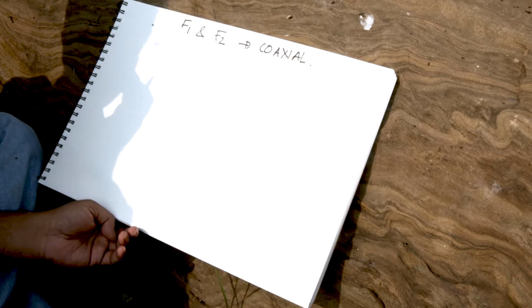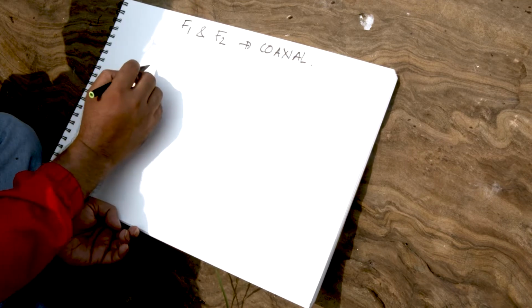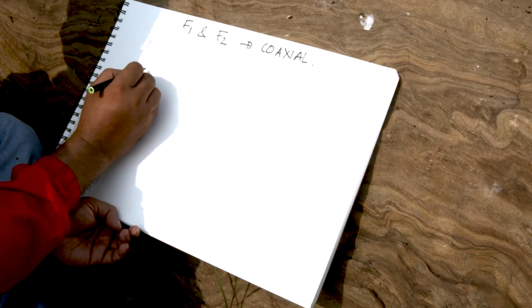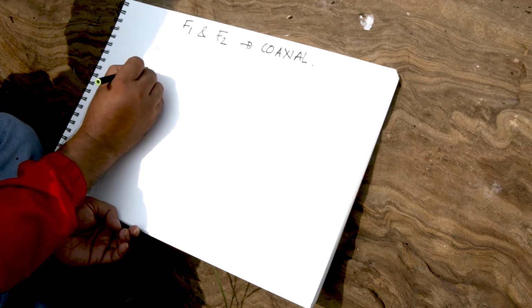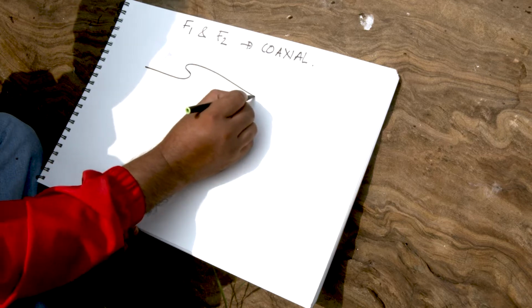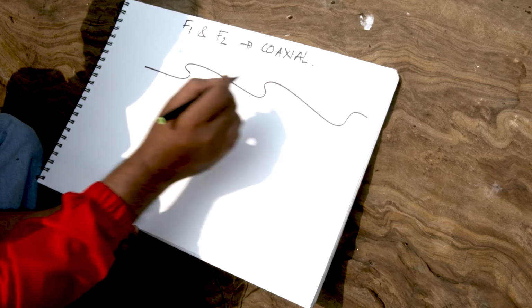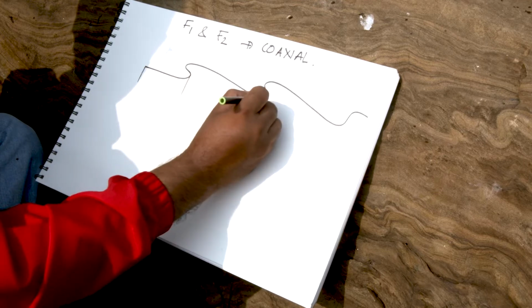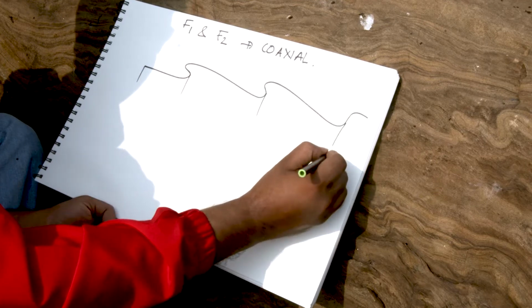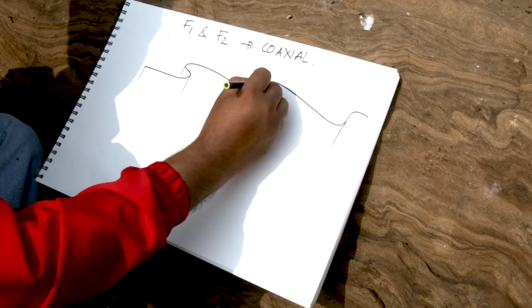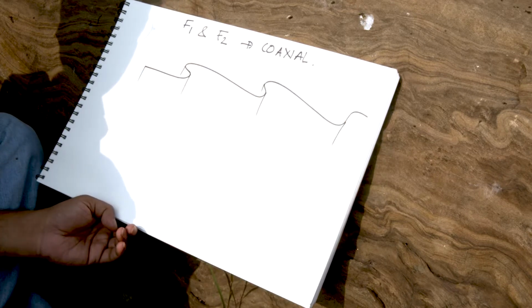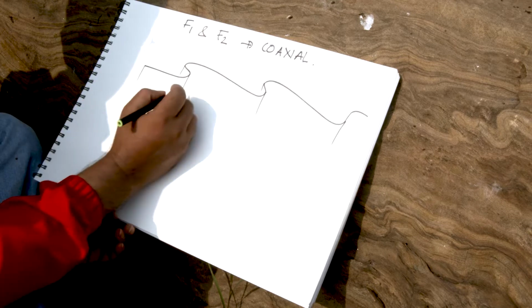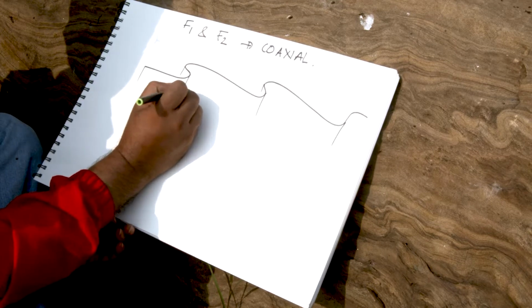We have seen in this place that F1 folds are essentially asymmetric. So, if we see them, they are going like that, and if I try to make the fold axis vertical, they are like this. So, these are the F1 folds.